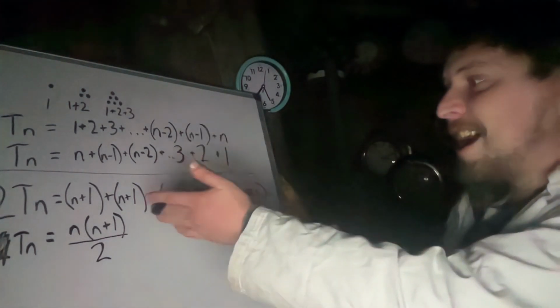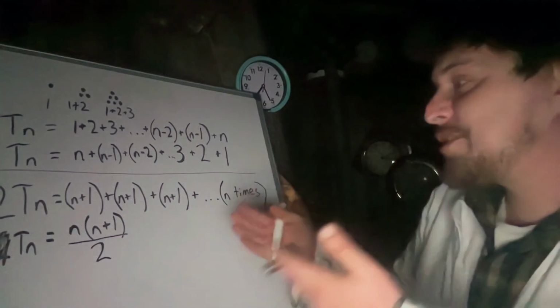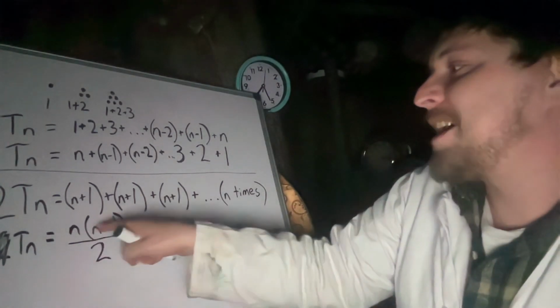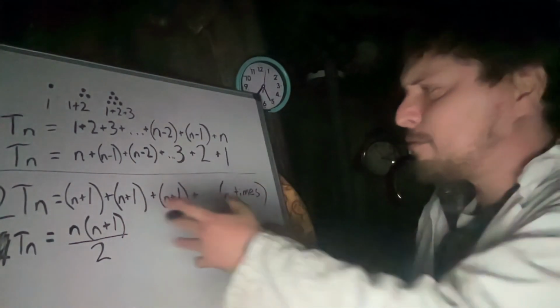Tn is n times n plus 1 all over 2, which you could write a few different ways, by expanding that, by applying the denominator of 2 to things individually, or a variety of ways of writing it.